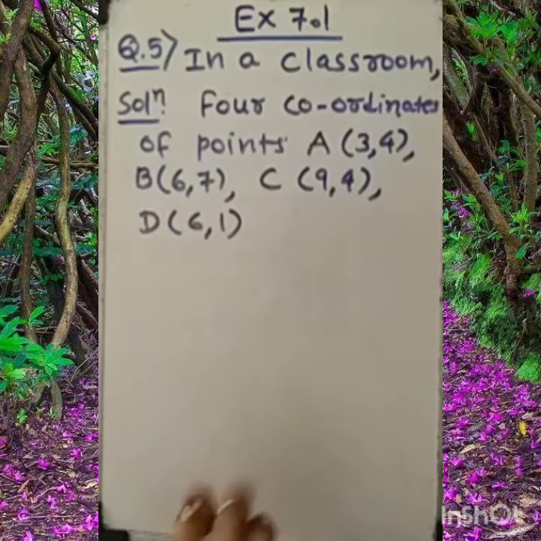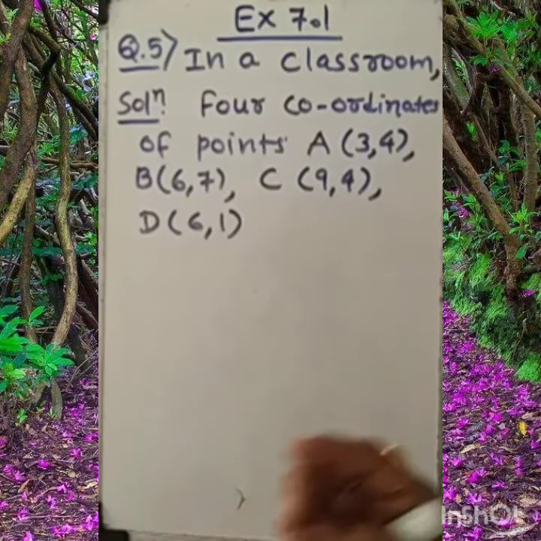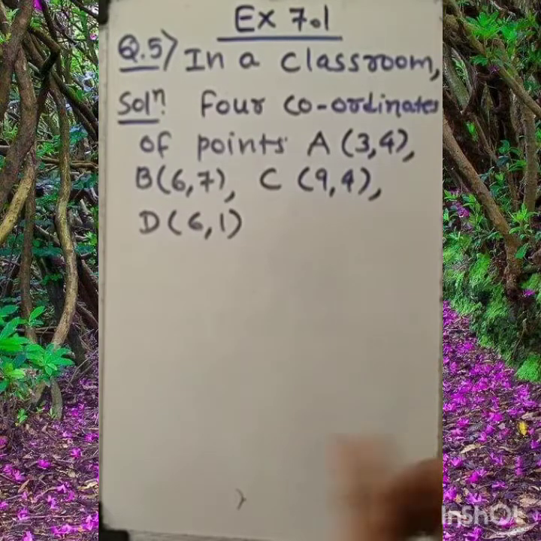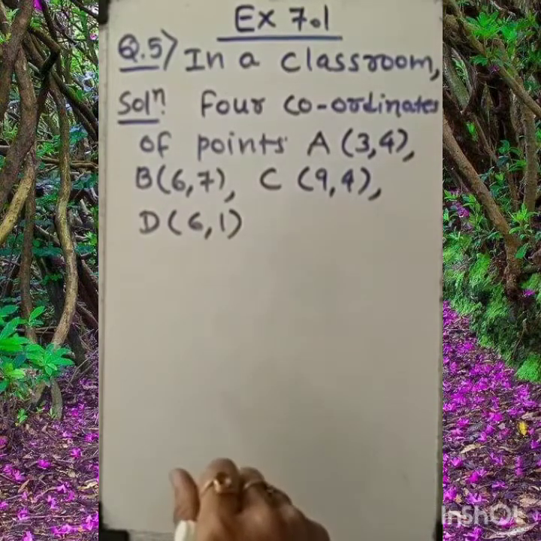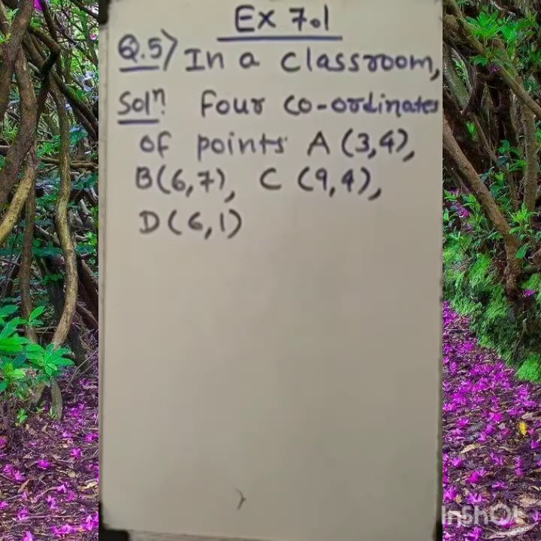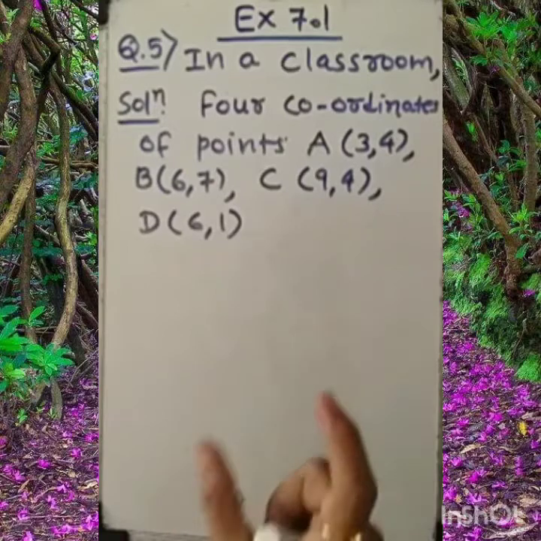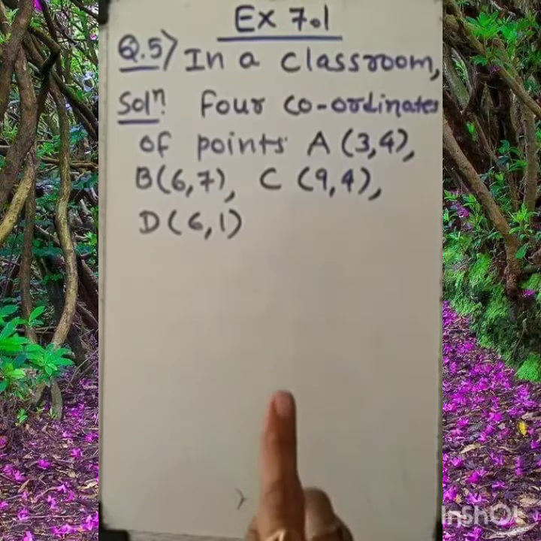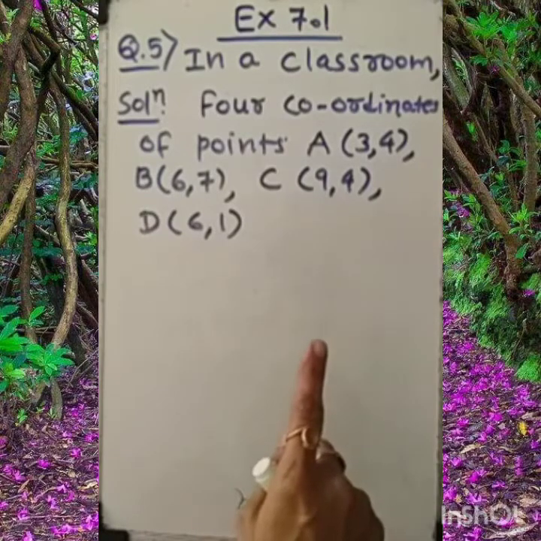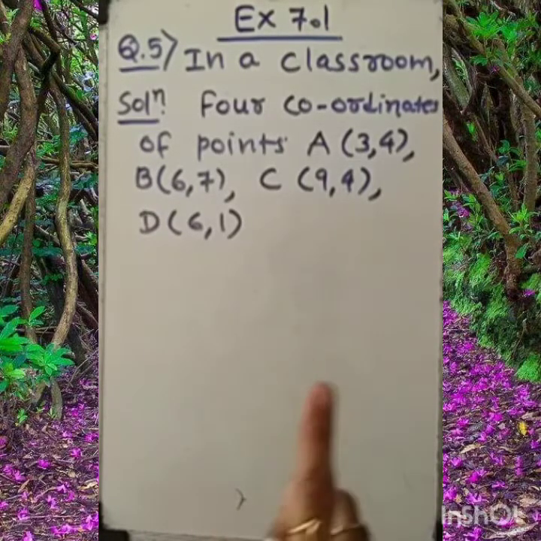If we want to judge whether the given quadrilateral is a square or a rhombus, we need to find both diagonals. If both diagonals are of the same length, then it is a square. If they are not equal, then it is a rhombus. So this is the conclusion.